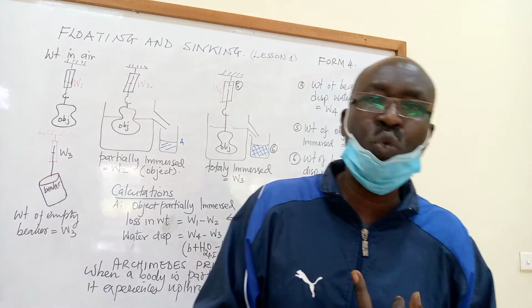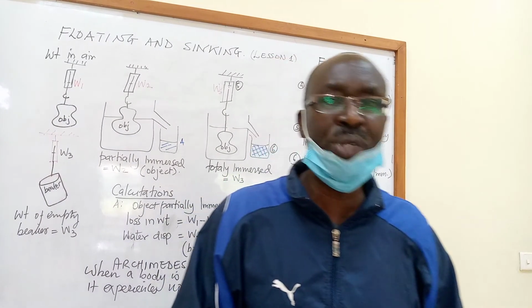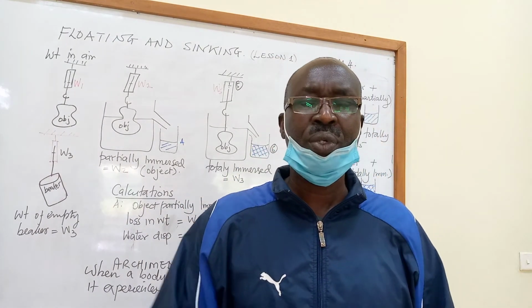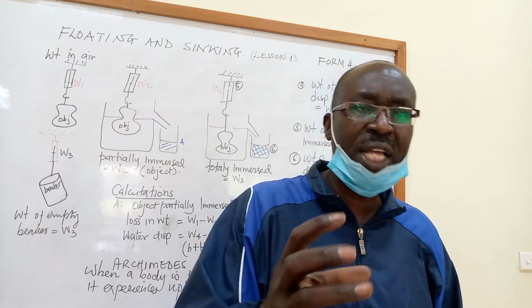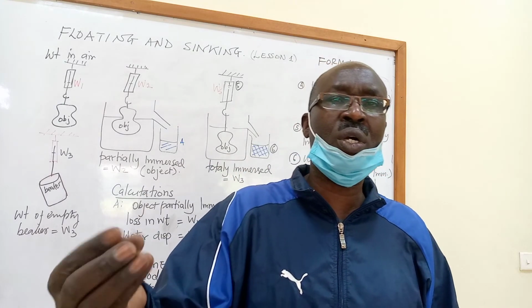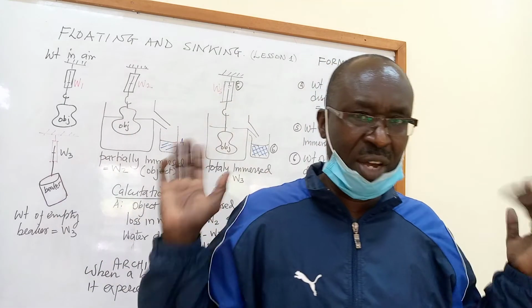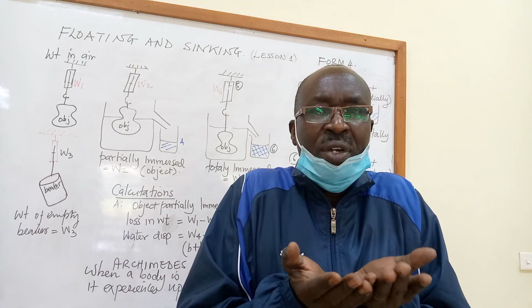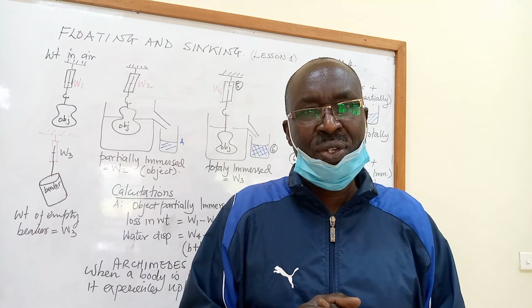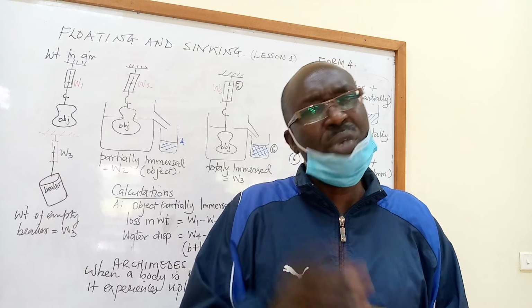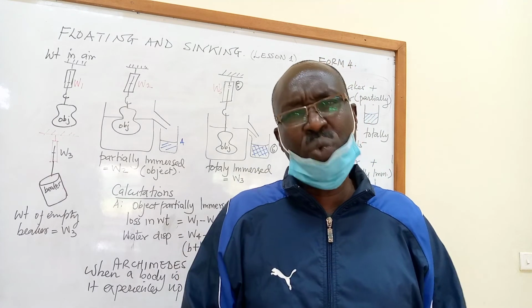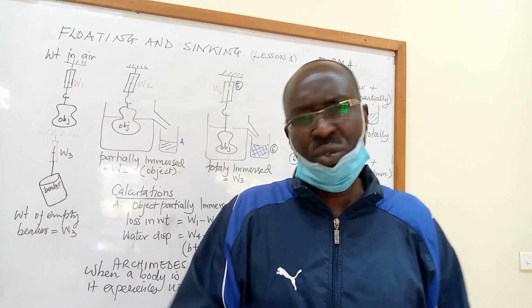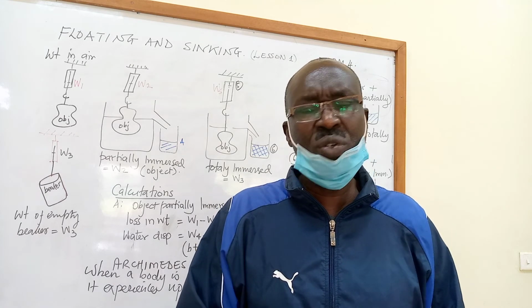Weigh a particular object you want to use. Weigh a container that will be collecting water. Then you must have a spring balance, maybe with a thread, so that you can weigh these things at home. You can do it. Don't stay idle.